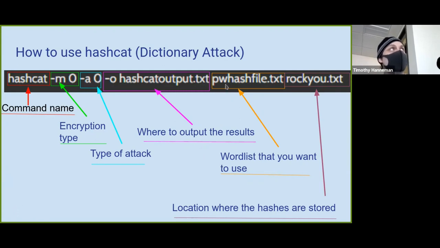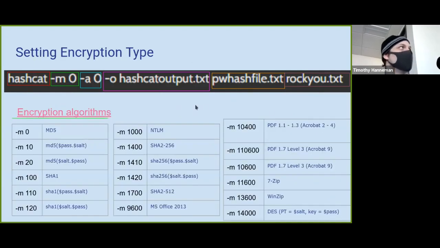And then you give it a word list that you want to use, and then the location of where the hashes are stored. I think I may have actually flipped that around, rockyou.txt. I've flipped around the last two, so double check the syntax when you run the command.